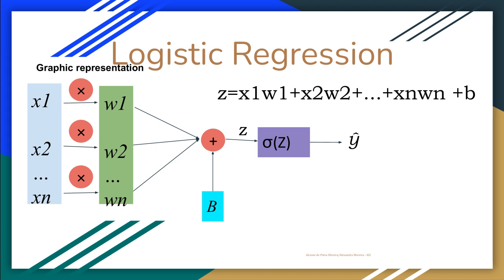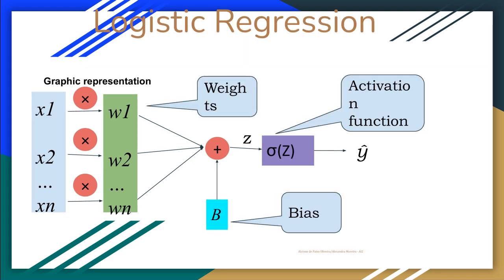This value is applied to the sigmoid function, represented here by the Greek letter sigma. This function is also called the activation function, and, as we will see later, there are other possible functions besides the sigmoid function. The value generated by the activation function is the value emitted by the network, represented here by the letter y with a circumflex, also called y hat.